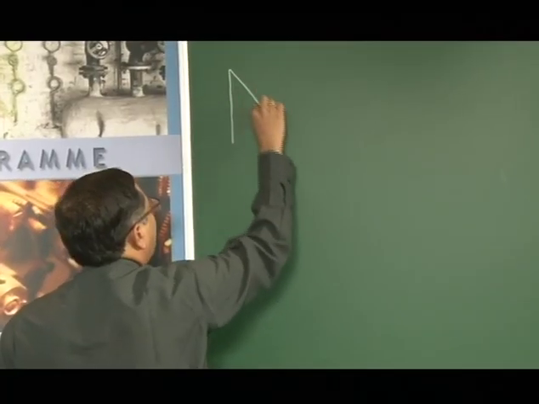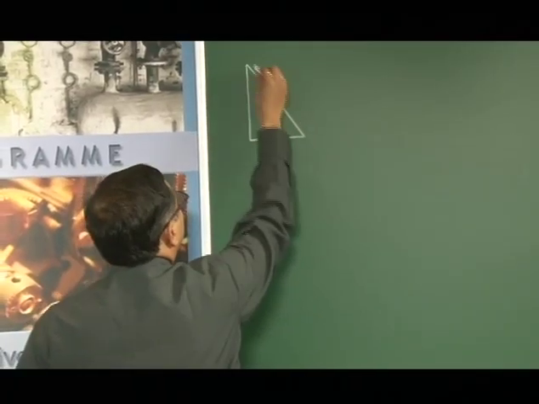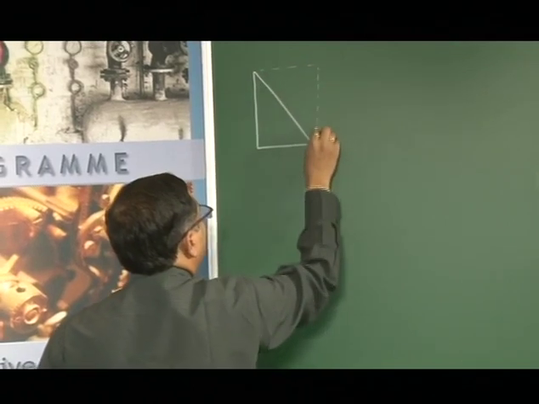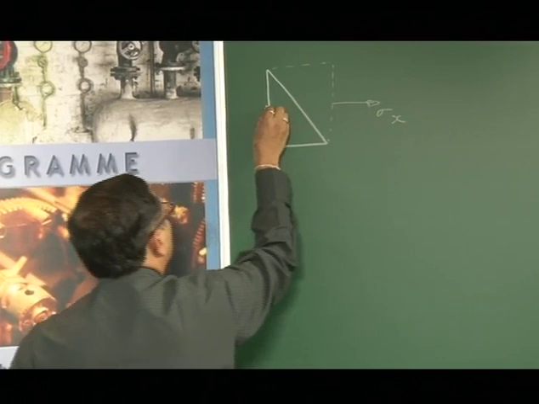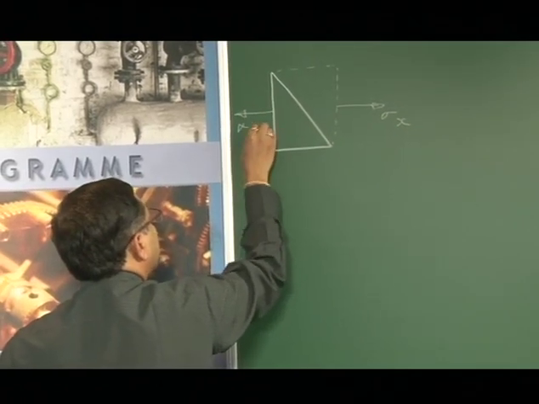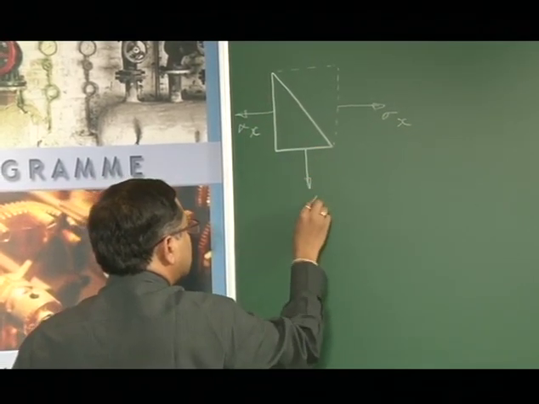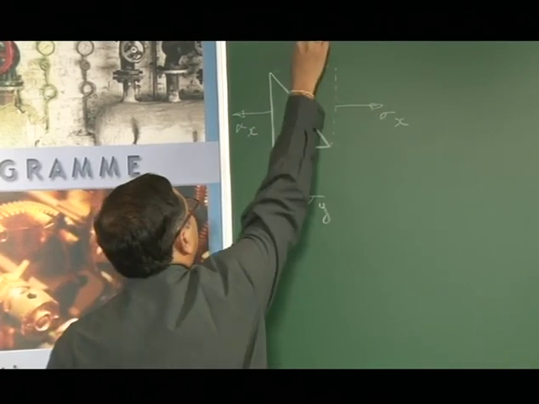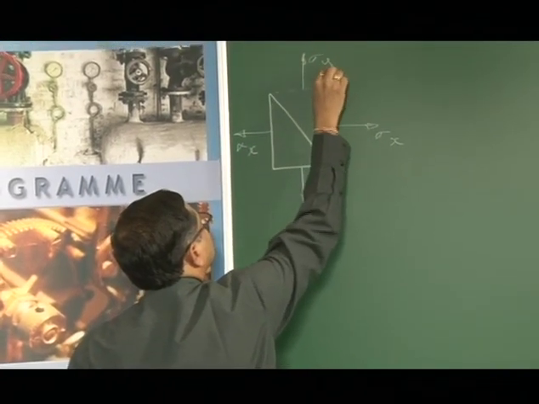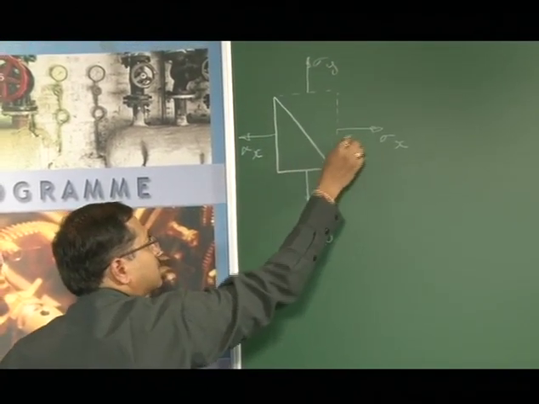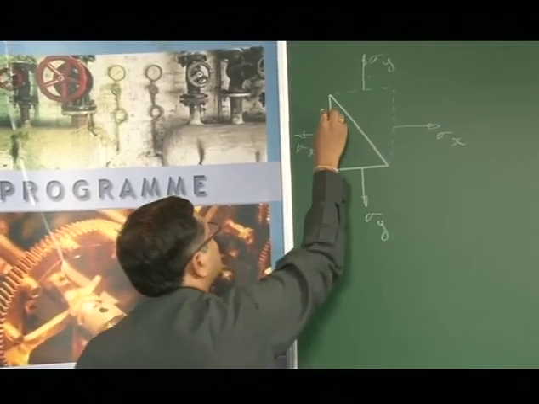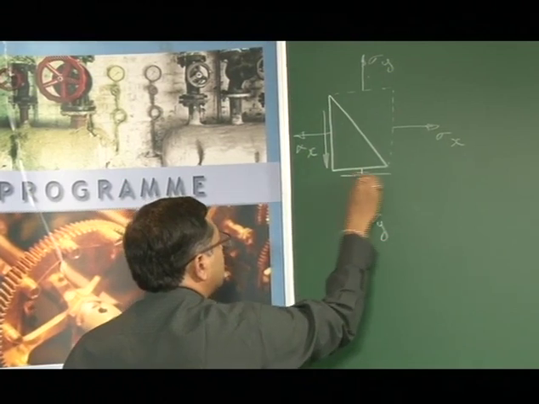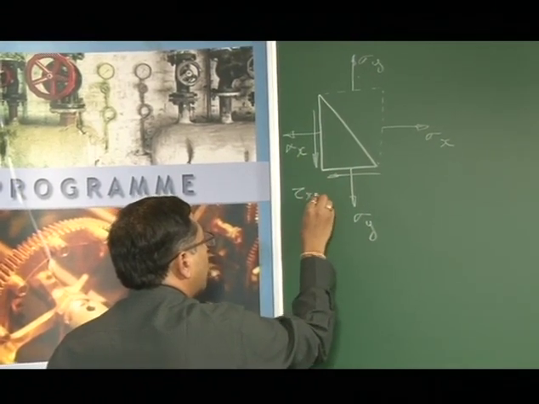So we are taking the 4 faces of the element. This is subjected to sigma x along this, and then this is sigma y. I am considering everything to be positive, that is, this produces a tensile stress, this will also produce a tensile stress, and then it is subjected to shearing stress here. This is tau xy.